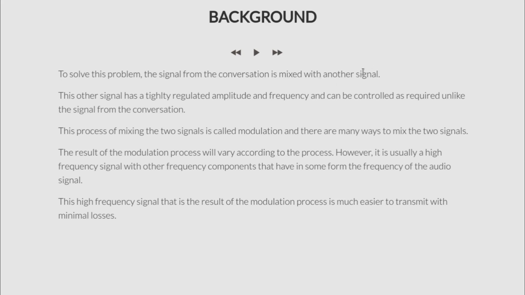Because we have taken another signal whose amplitude and frequency we can control, the result now has an amplitude and frequency which is slightly better than the audio signal which we started off with. And therefore this result of the modulation process is now much easier to transmit and with much lower losses.